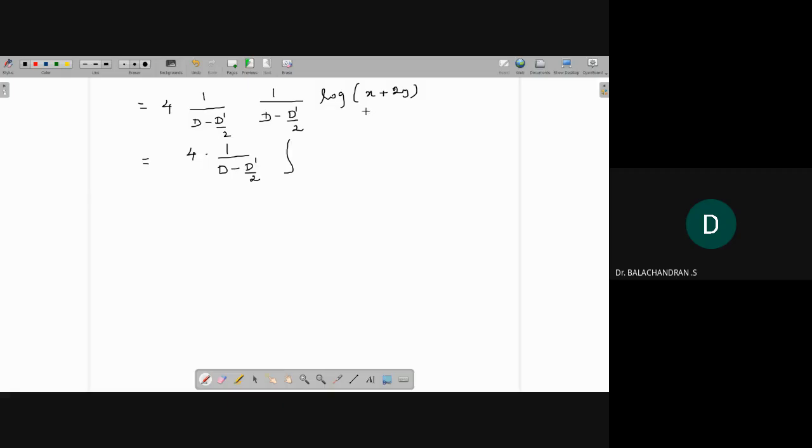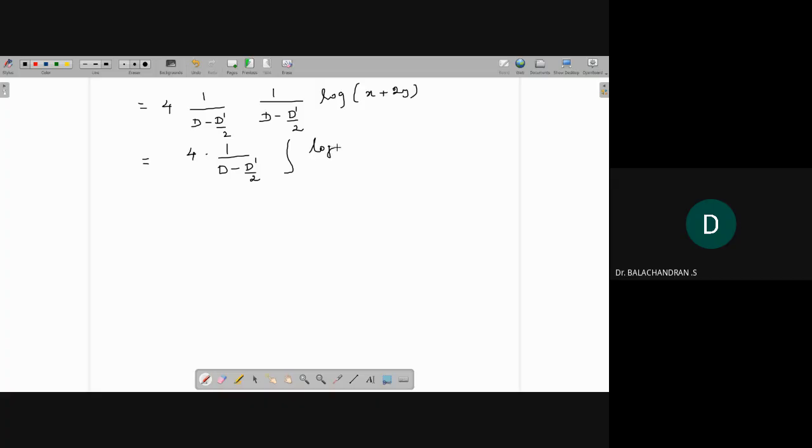If anybody knows, you can tell. Okay, otherwise I will do it for this (D minus D dash by 2). Next, (D minus D dash by 2) still has one more factor here. You can tell your answer for this factor.